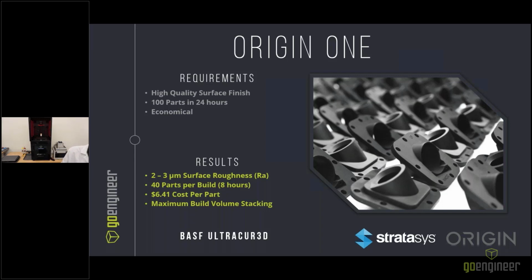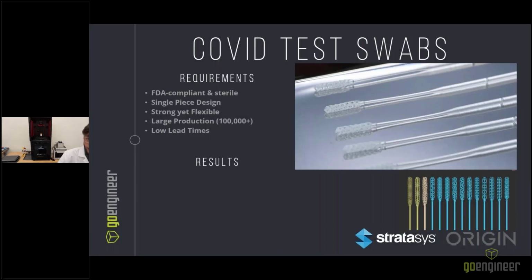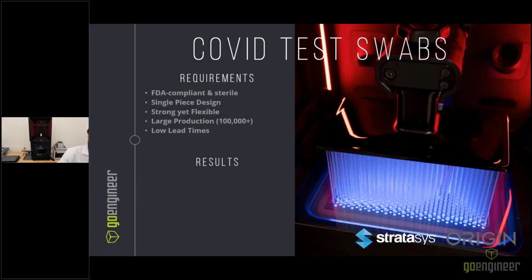Now I am going to jump along. I had another couple use cases, but I don't want to be holding anyone up. So I will go through these really quick. We had a COVID test swab that was also printed on this machine.